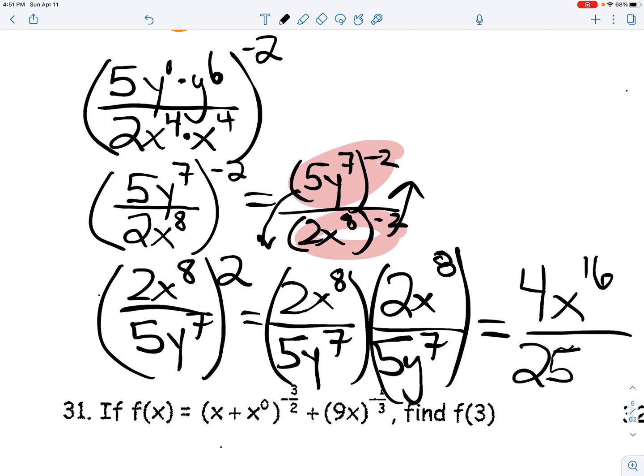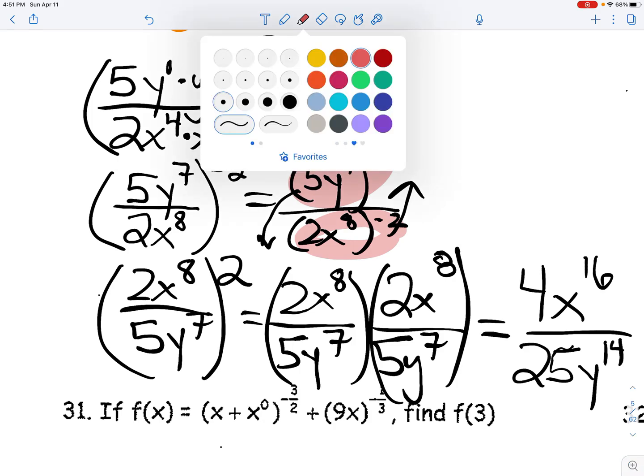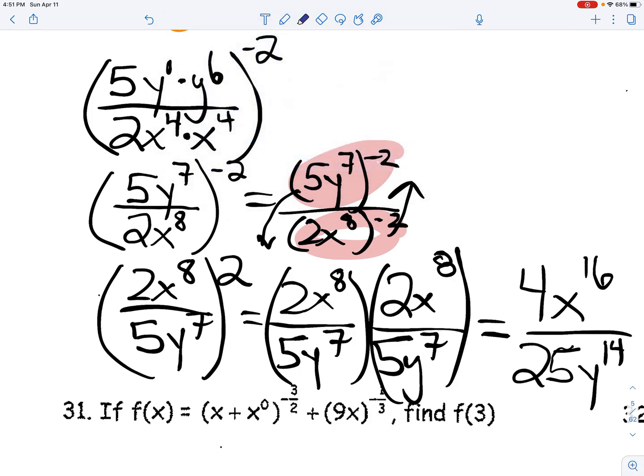That would be a 25 here. Y to the 7th times y to the 7th. 7 plus 7 is y to the 14th.